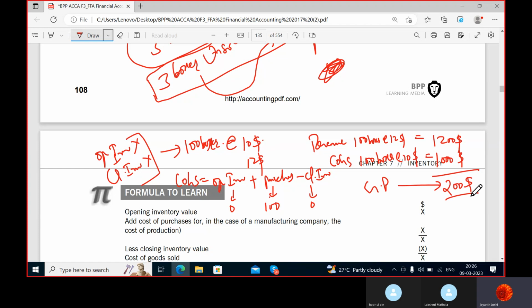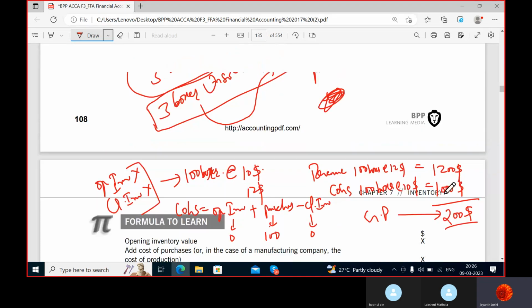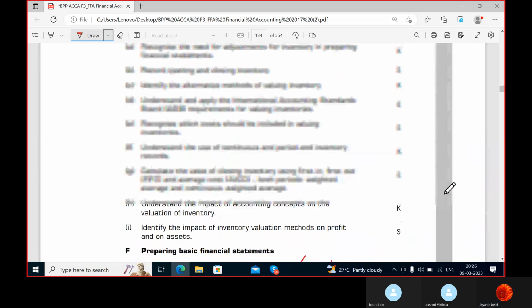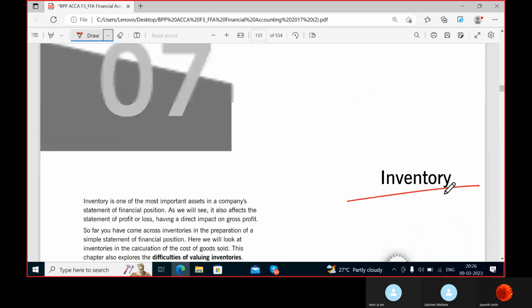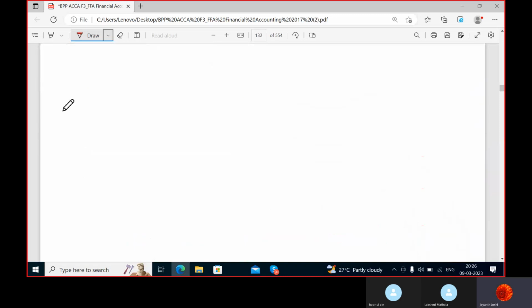Okay, now we will change the example and we will do the actual COGS calculation, considering everything. Fine. Now, let's say I bought 100 boxes at the rate of $10.